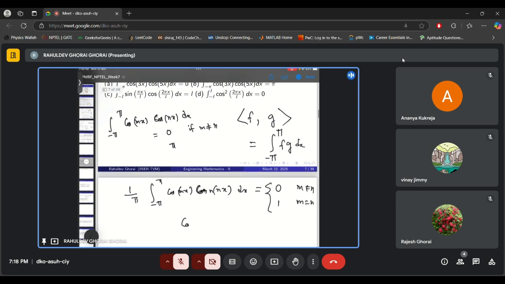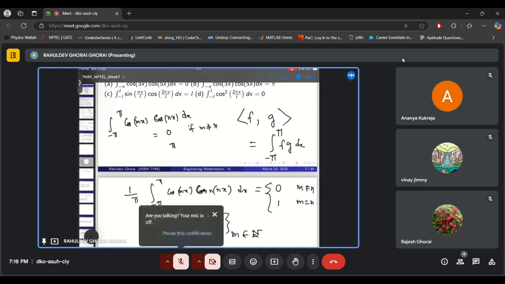And this set of functions cos mx, m belonging to the natural numbers, becomes a basis set. Or you can take 1 by root pi of that, so that becomes some product of this also. You can take mainly cos mx, it's okay.